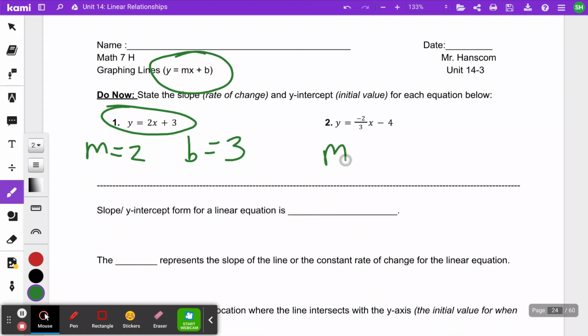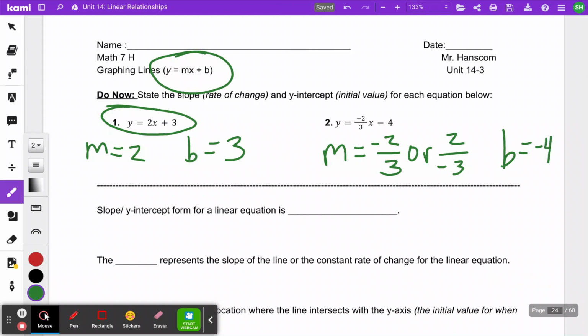We also see that we have an m value of negative 2/3 for that second question, which also could be written with the negative on the top with the 2 like I already did, or with the negative on the bottom, since a positive divided by a negative overall is negative. The b value is negative 4, so we would have a y-intercept of negative 4 for that.